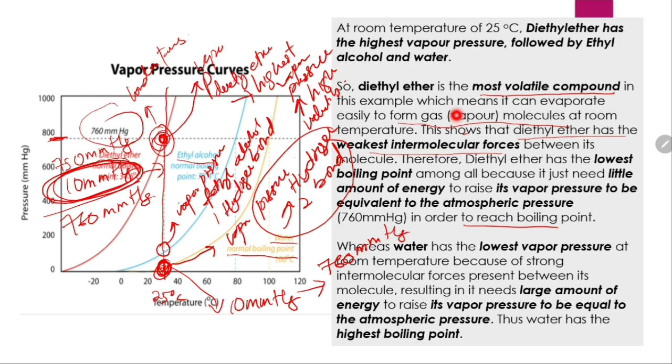So how much increment is needed? About 750 millimeter mercury. That means a very large amount of energy is needed to raise the pressure from 10 to 760. That's why water has a very high boiling point, and in this example, the highest boiling point.